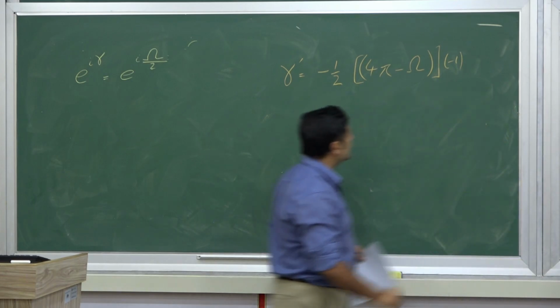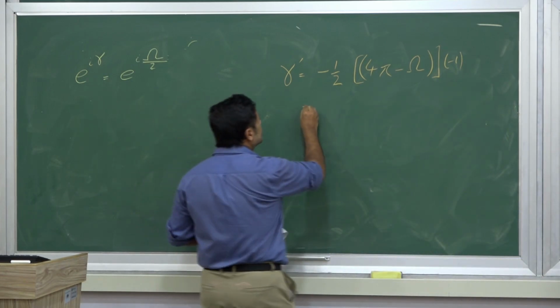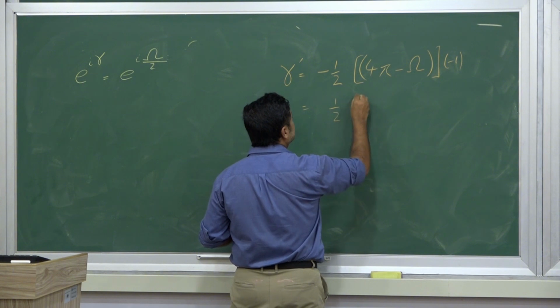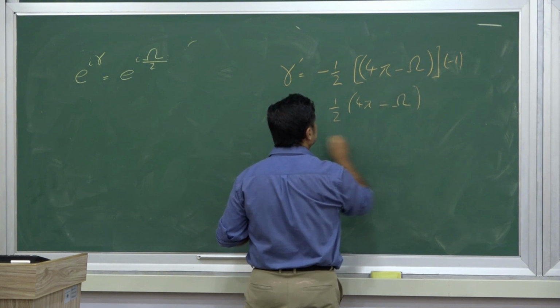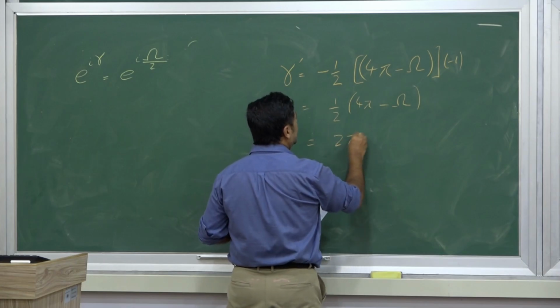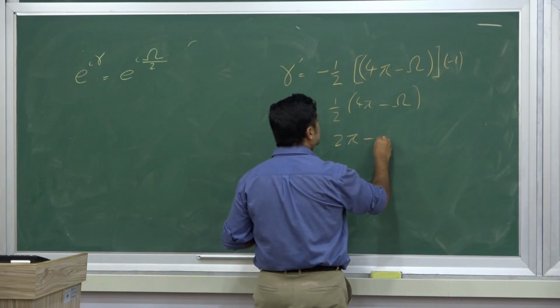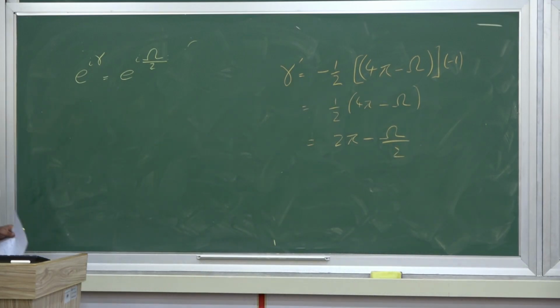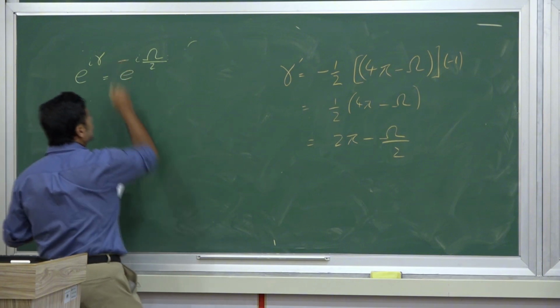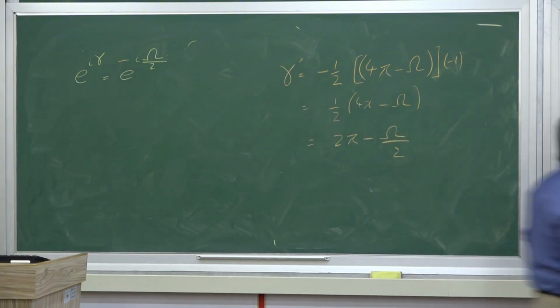So it's in the opposite direction. So I'll get this phase. So I get 2 pi minus lambda over 2. Over here I had a minus here because of this.